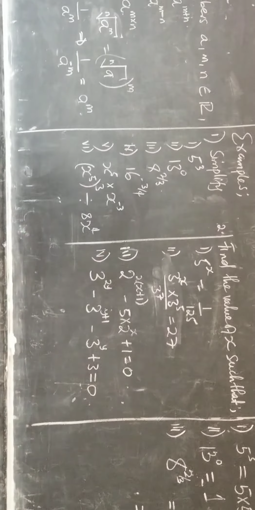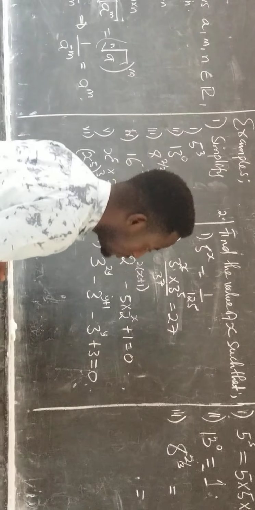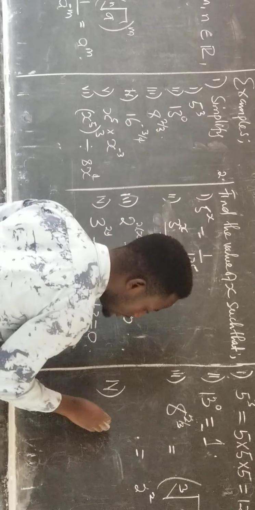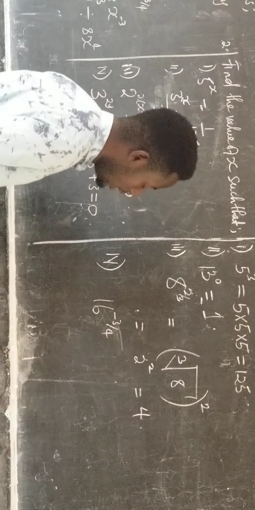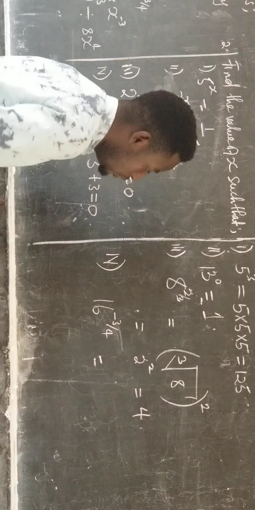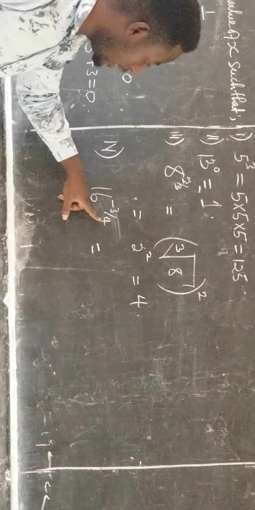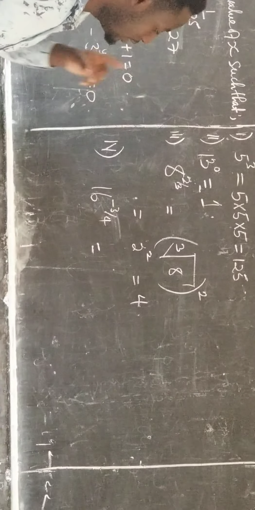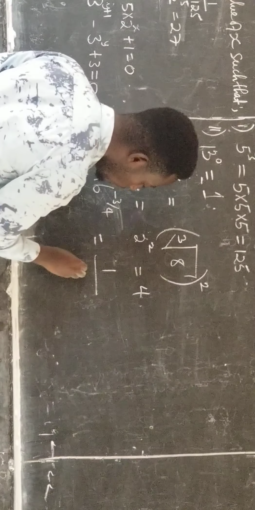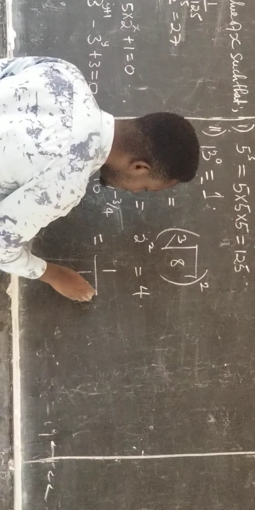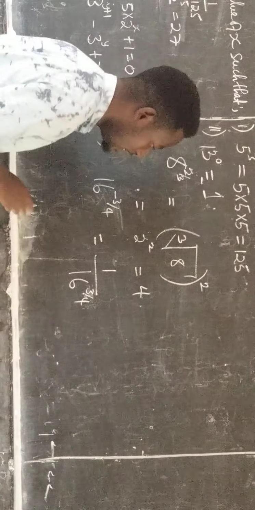Then our fourth is 16 power minus 3 out of 4. Before, we did it in the form of a root and a power. Let's first deal with the negative, which causes the number to become its own reciprocal. So it will become 16 power 3 out of 4.